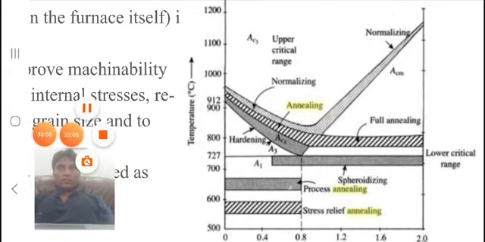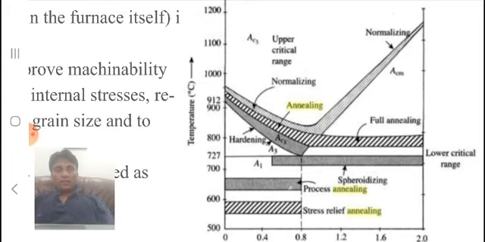Once we understand the concepts of annealing, we discussed annealing. Annealing is nothing but heating hypoeutectoid steel above the A3 line, and hypereutectoid steel above the A1 line, and slowly cooling it in the furnace itself, which is called full annealing.